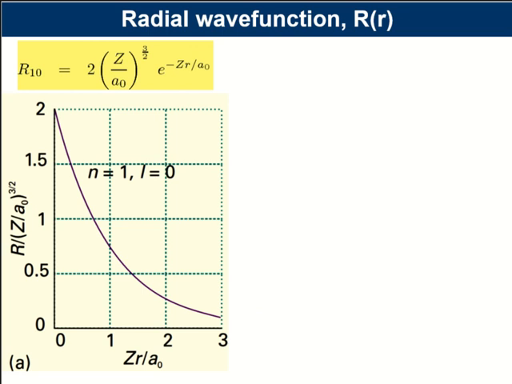Okay, so that is a simple to-the-scale drawing of a graph. So this is the radial wave function for 1s orbital. So this is how you can see it varies. Maximum value here, and then this is what we call exponential decay, simple exponential decay that you get here.